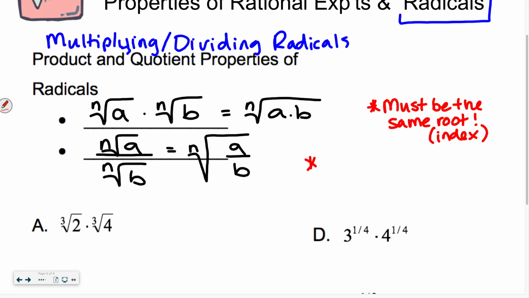And, side note, this property will work both ways. So if I have two separate radicals that are being multiplied, I can put them underneath one radical. Or if I have one radical with lots of things being multiplied underneath, I could separate them out.